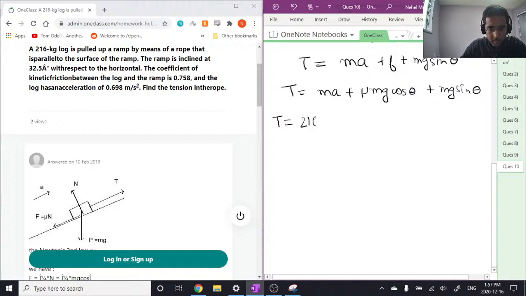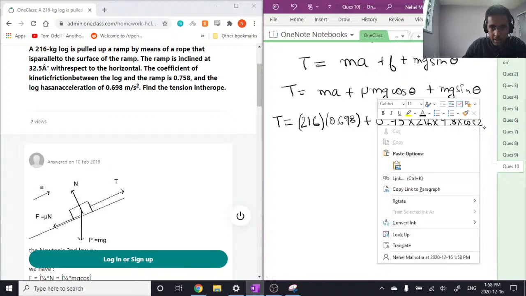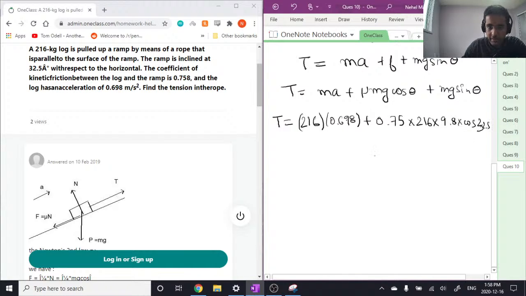Mass is given to be 216 times acceleration 0.698, plus coefficient 0.75 times mass again 216 times g, which is 9.8, and then cosine of 32.5 degrees, plus mg, m is 216 times 9.8 times sine of 32.5 degrees.